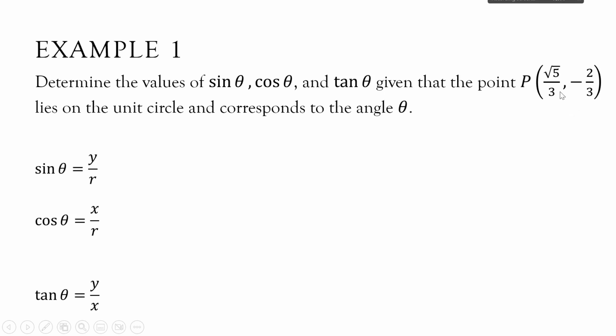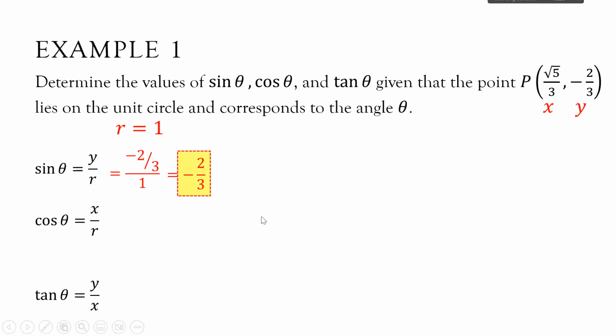Well, my y value from this point on the unit circle is negative 2/3. We know that sine is y over r, which is negative 2/3 over my radius of 1. And then dividing by 1 doesn't change anything. We still have negative 2/3. And that's already cleaned up nicely for us.